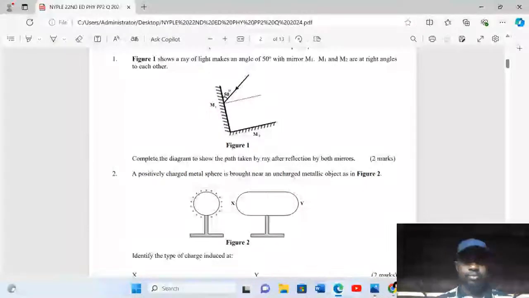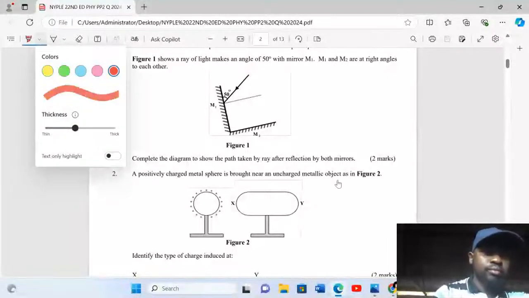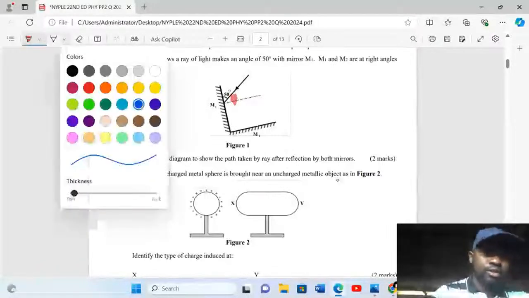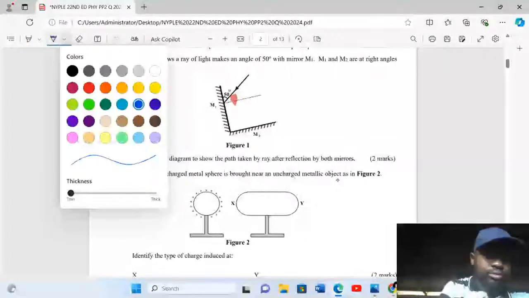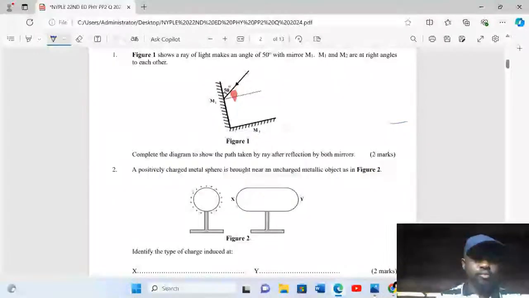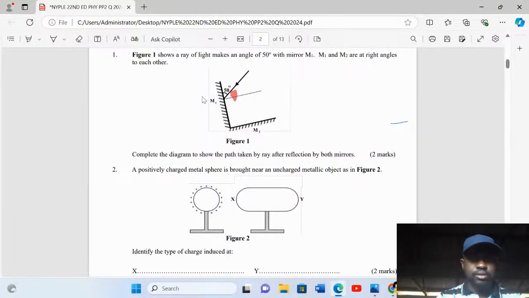Therefore, for M1, we have an incident angle of 40 degrees.